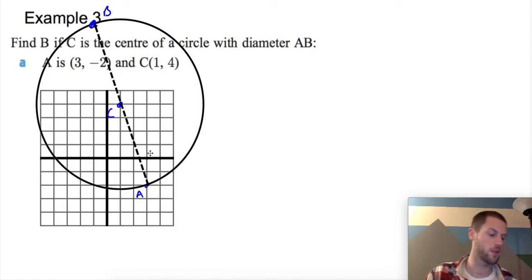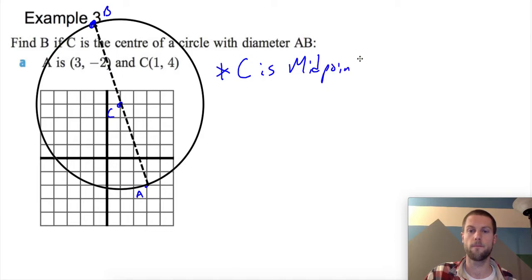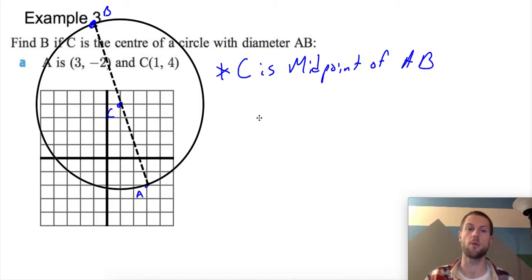So there's a couple of different ways you can think about it. One thing that I'd say is that since C is the center of the circle, C is the midpoint of AB. So that's pretty important. Really, this is just a midpoint problem, but it's disguised with circles.